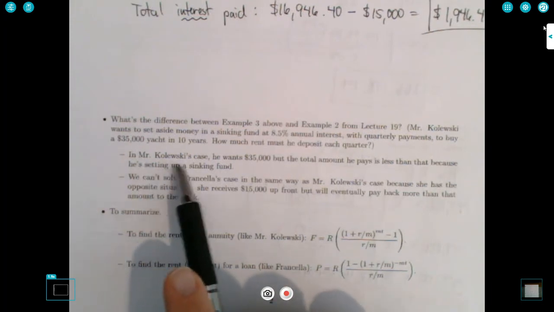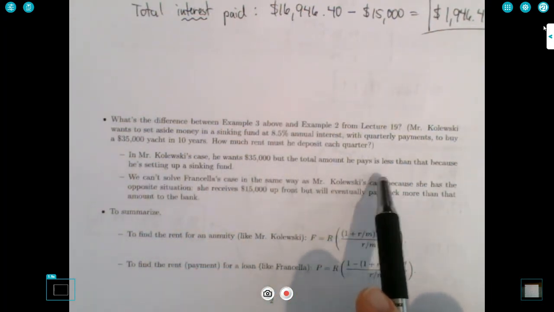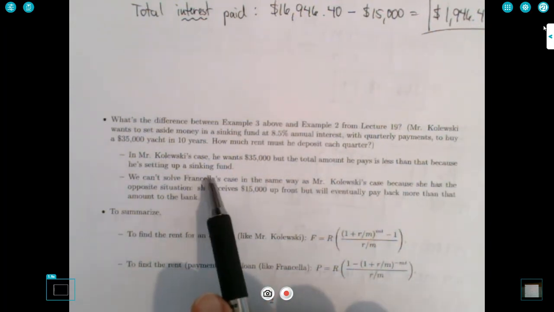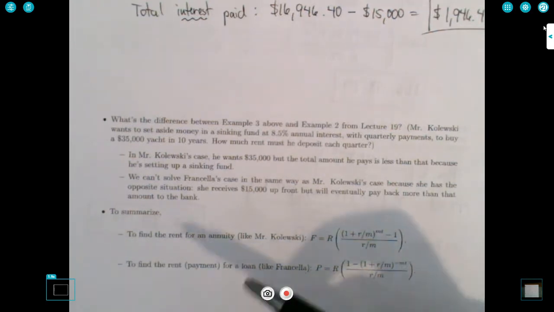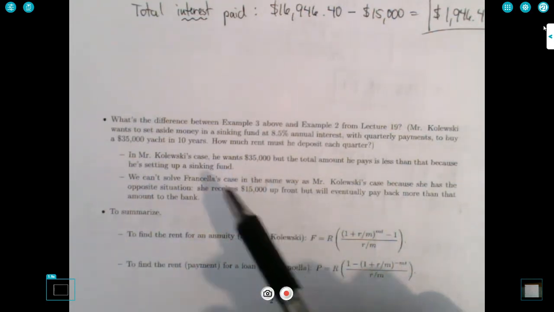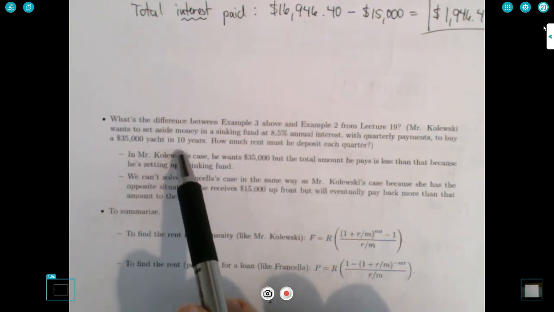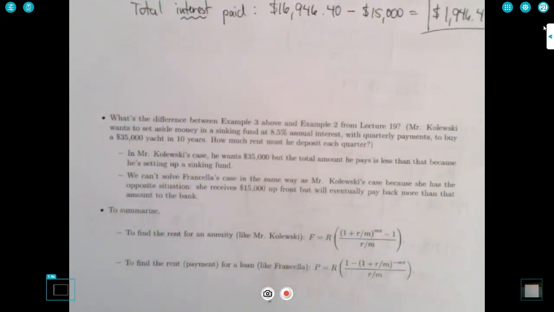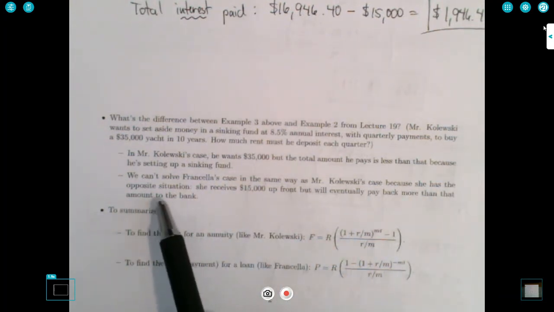Well, in Mr. Koluski's case, he wants $35,000, but the total amount that he pays is less than that because he's setting up a sinking fund, right? In other words, he's saving the money in advance. And so he actually ends up putting away less money than the money he ends up taking out, because he's planning for 10 years in the future, right? Whereas in Francella's case, she has the opposite situation.